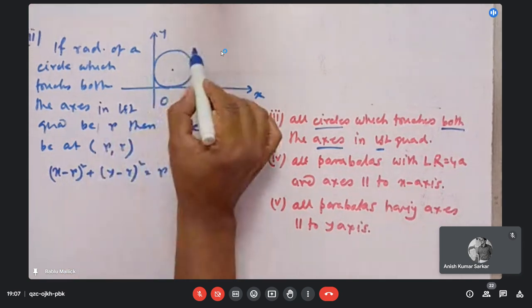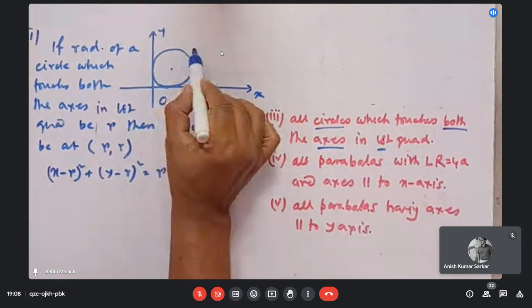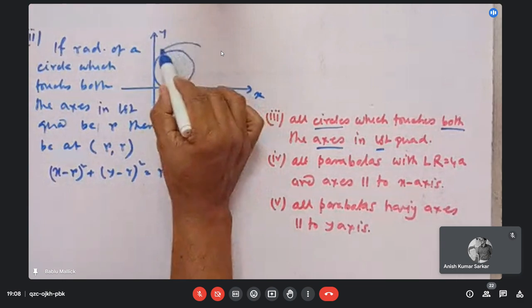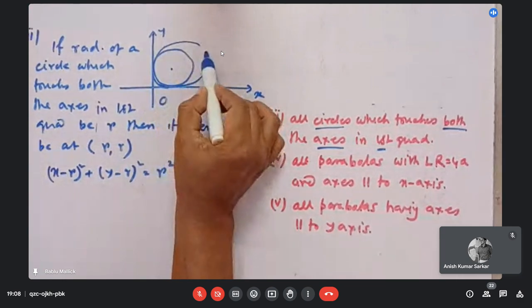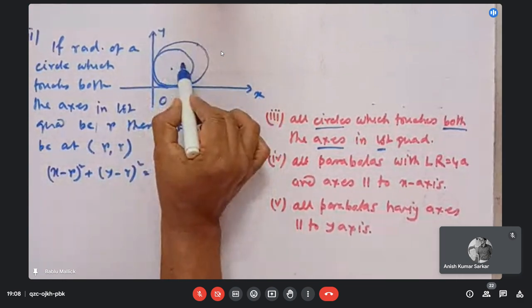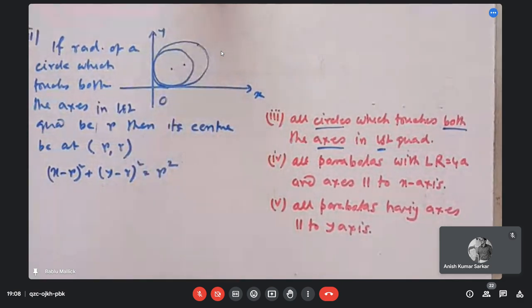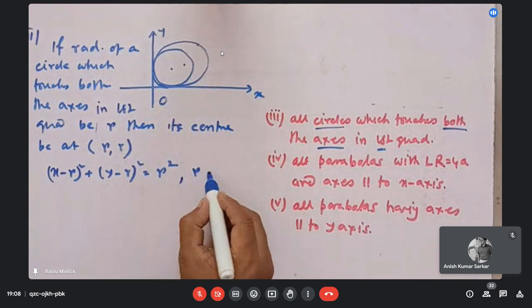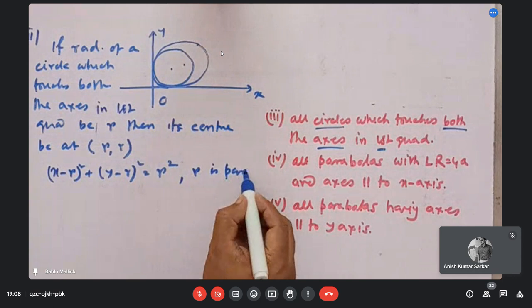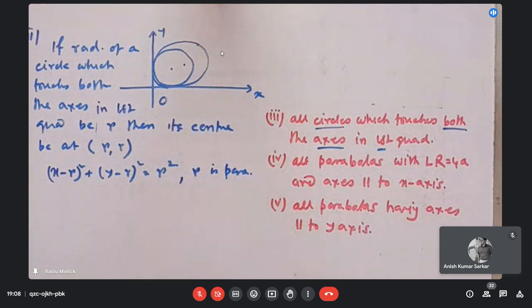Here r is the only parameter, because the circle may be this or maybe this type. If the circle is this, then its radius will be different. So r is changing. That means r is a parameter. You have to mention it. Write r is parameter. Now simplify and try to eliminate.